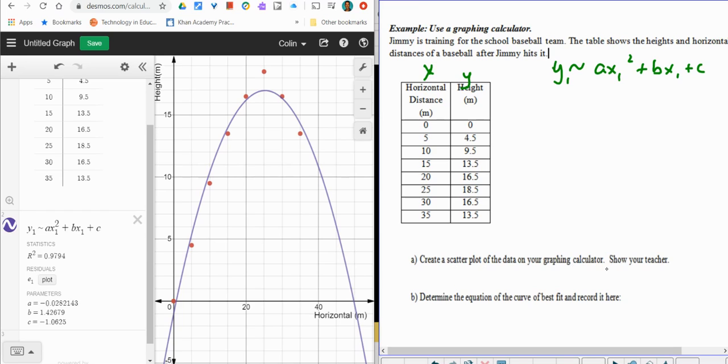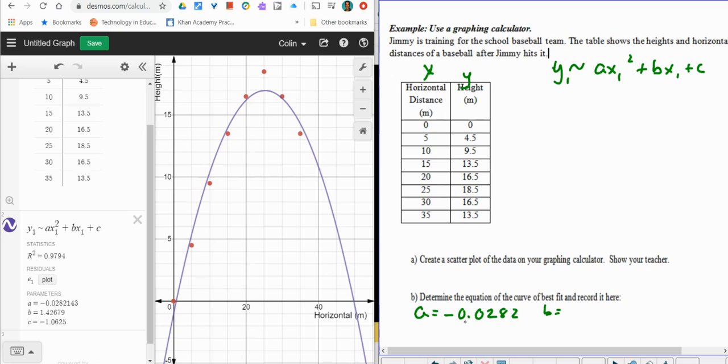Okay, so create a scatter plot, show it to your teacher, you did that. Determine an equation. Okay, well, A is equal to, maybe we'll carry a few more decimal places because the last one we rounded too early, 0.0282. B, it has to be negative.